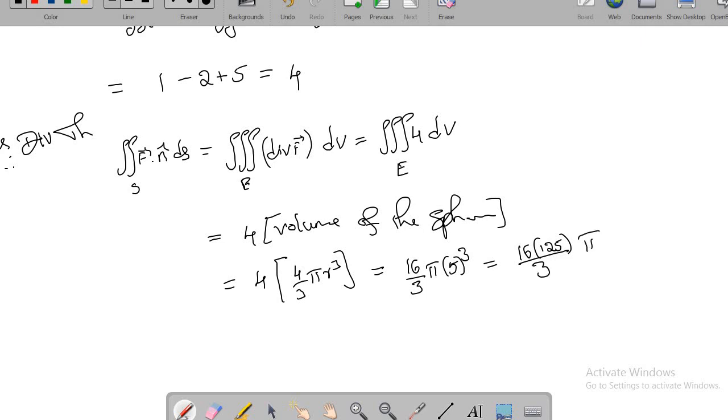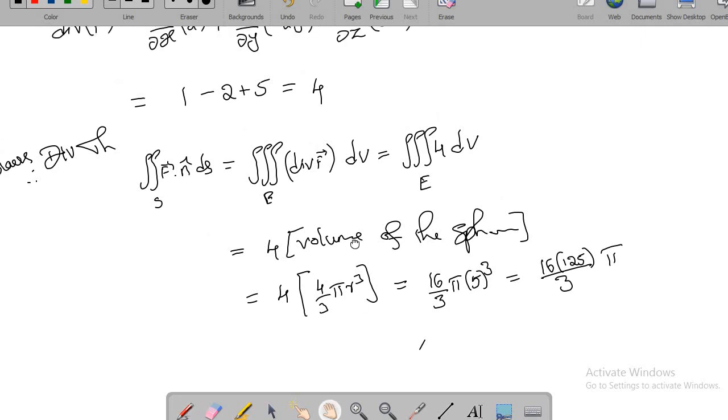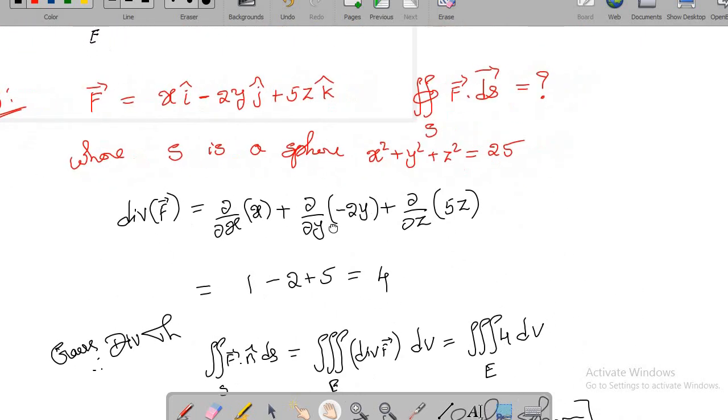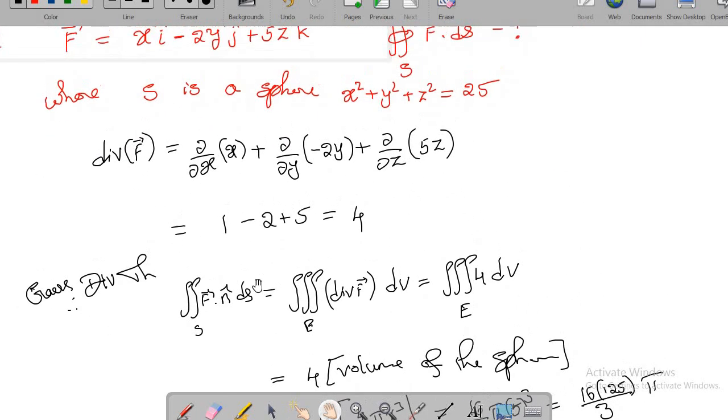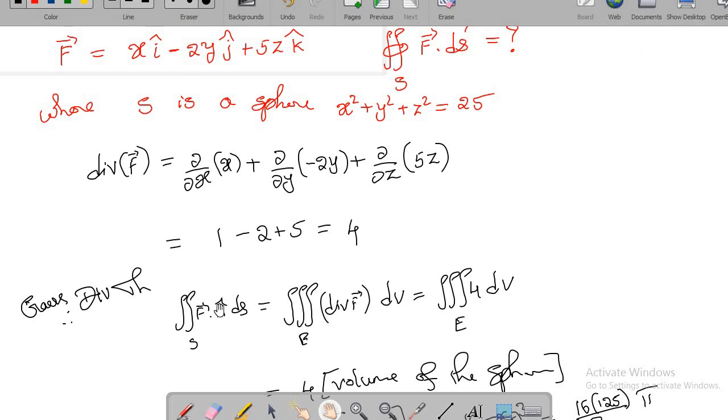So this is the answer. Okay. So when the integrand is constant, you can directly write that constant into the volume of the given solid. But if it is not constant, there is no escape. We have to evaluate that integral.